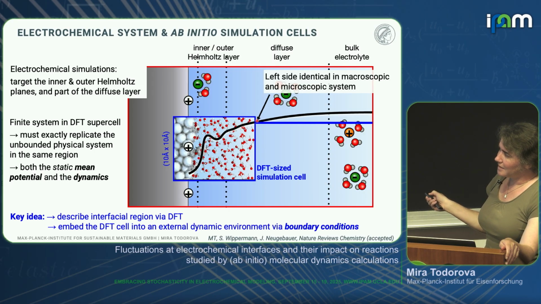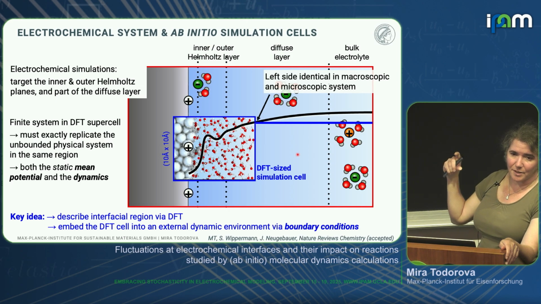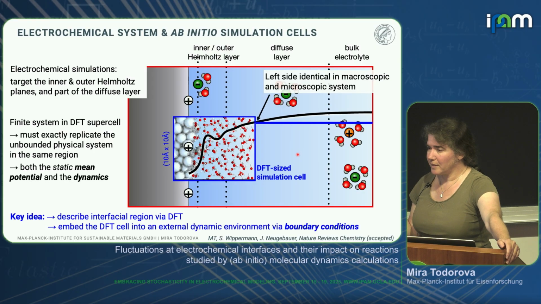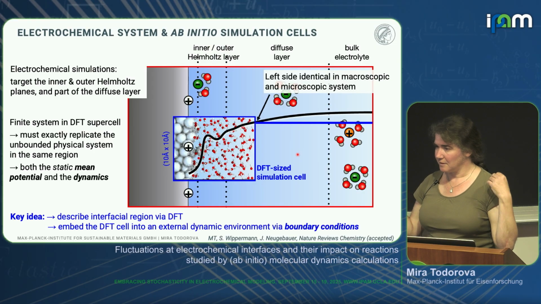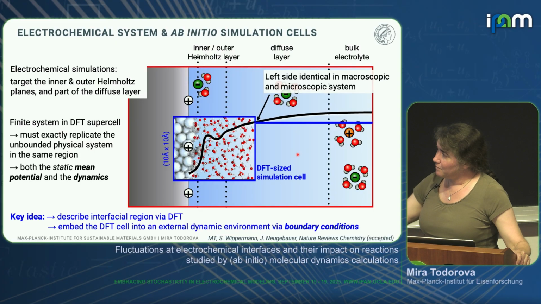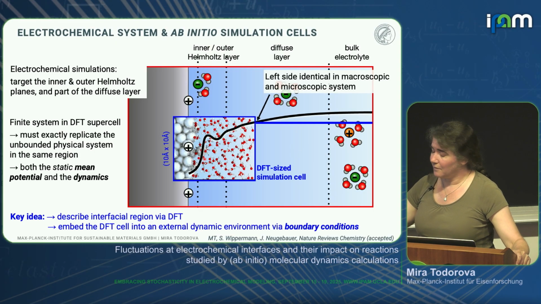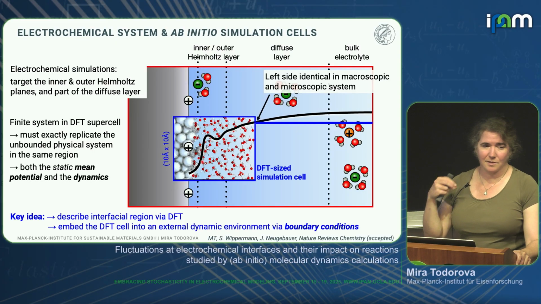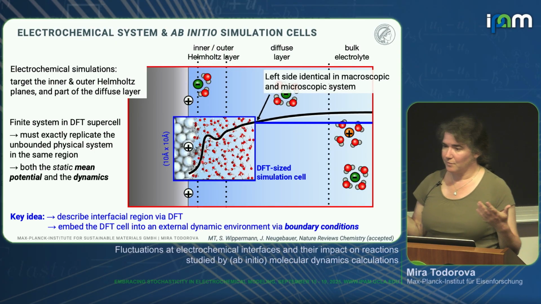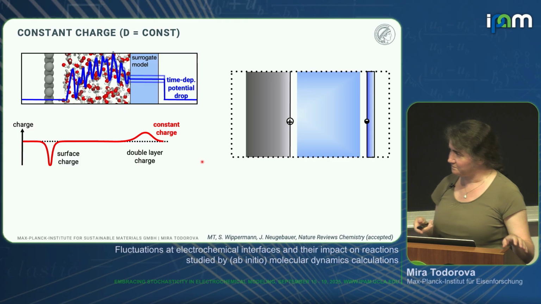It will exactly be the same as the one of the overall system, but I'm not really worried about this kind of difference in the potential, because this can be taken out by some kind of a posteriori correction, some kind of embedding that we have there. But how exactly do we do the embedding, and how do we ensure that we have here the electrode potential that works in a dynamic calculation or even in a static one and reproduces what we want to have?